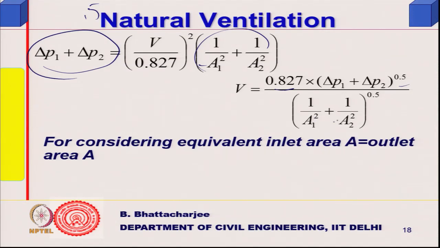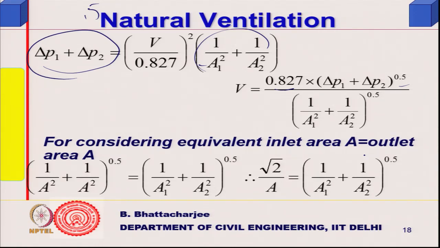Supposing inlet area is A and outlet area is A, both are equal, let us say, then 1 by A squared plus 1 by A squared to the power 0.5 is equal to this, so root 2 over A. So, actually for inlet and outlet areas being different, I can find the equivalent area from this formula.